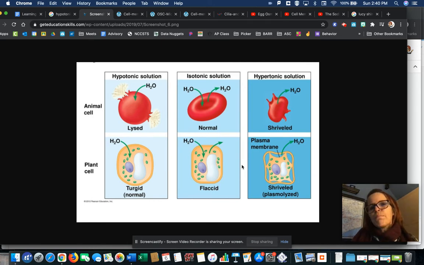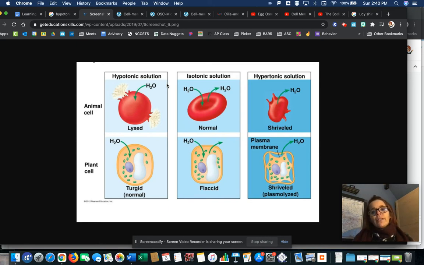So in a hypotonic solution, remember that I had that student say, well, I think of hippos because hippos are these big bloated African creatures. So in a hypotonic solution, there's more water on the outside than there is on the inside, and water rushes in. The perfect example of a hypotonic solution, because it is always hypotonic, is distilled water.